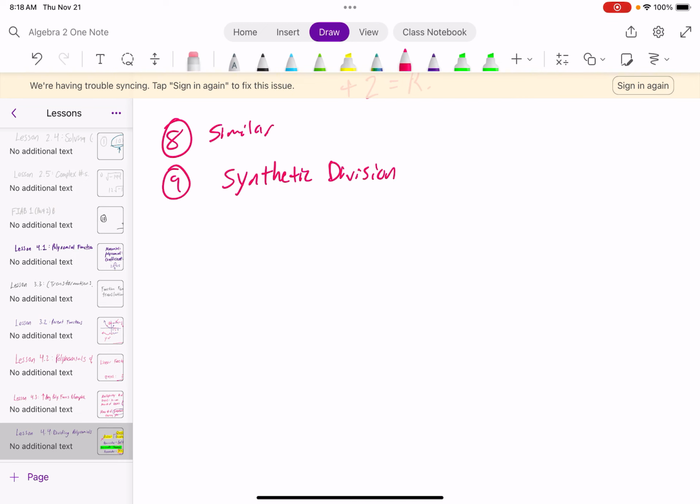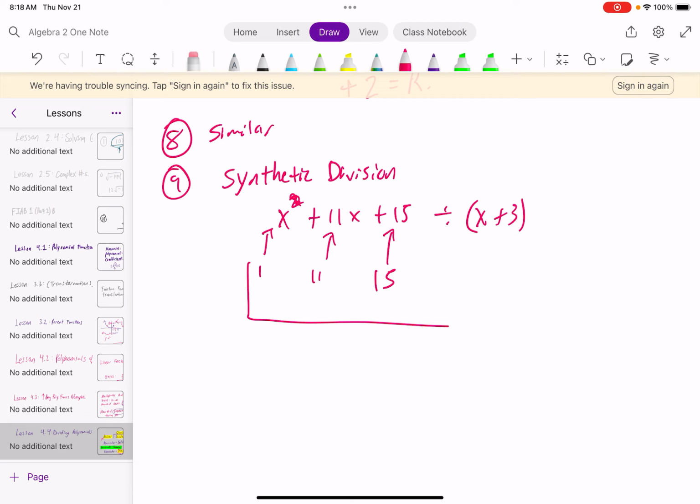We're going to have x squared. Now, in front of this is a 1. This is an 11. This is a 15. We grab each of those, and we're going to divide it by x minus 3.